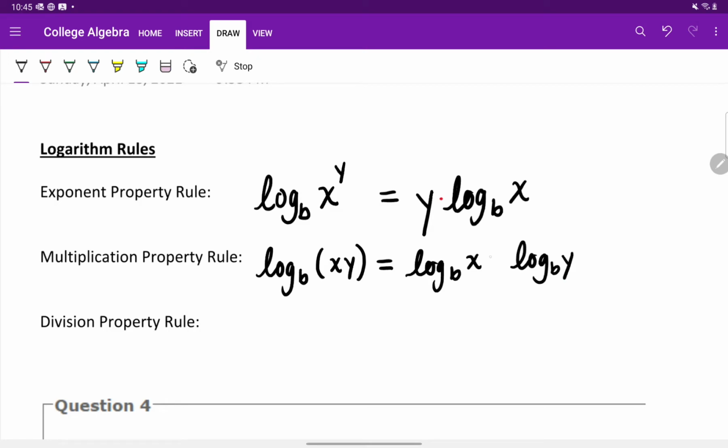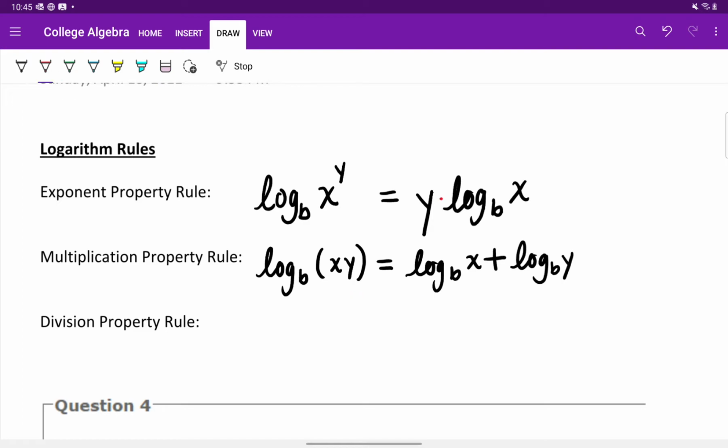When you split it up, however, the 2 logs are being added together. So inside the log, if they're being multiplied, you can split them apart, but then it'll be added. Of course, equal signs work in both directions, so if you start out with 2 logs being added, you can combine them into 1 log where they're being multiplied.